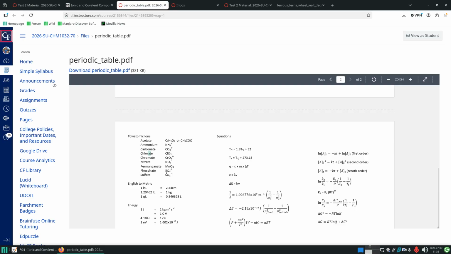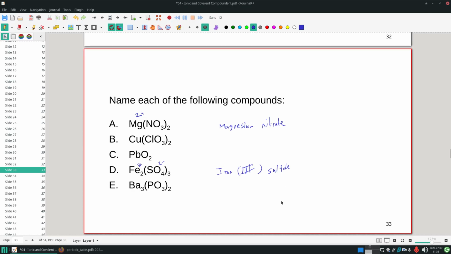I don't have it here. I have phosphate, but phosphite is PO3 3-. You're not going to make sense of why it ends up as a 3- yet. So it is beneficial to have the polyatomic ions on that periodic table and just look them up and figure out what that charge is.